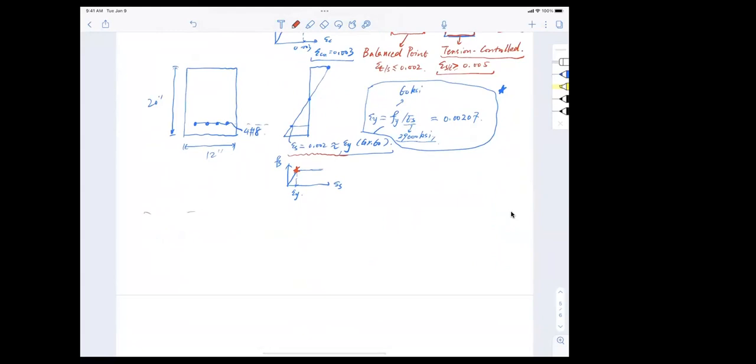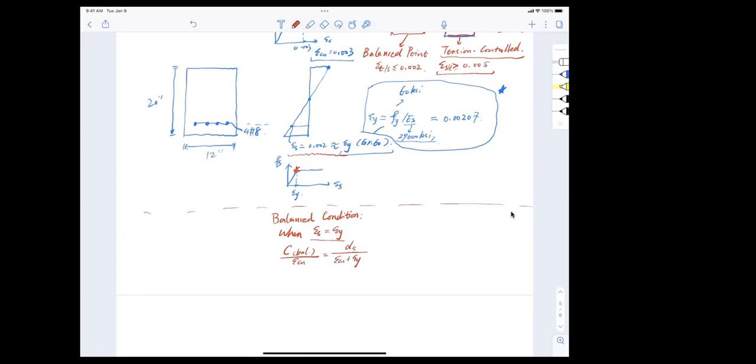All right, so let me make a table here. We call this the balanced condition. That is when epsilon s equals epsilon y. And with this strain diagram, you find that for the balanced condition, the compressive zone depth C divided by epsilon Cu should equal d, the depth of the section, divided by epsilon Cu plus epsilon y.